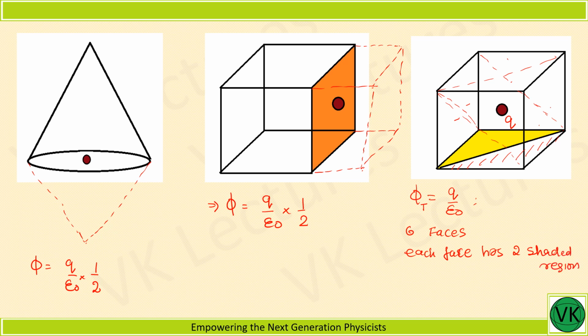So likewise there will be 12 shaded regions. So the actual phi, that means the flux through the shaded region, will be equal to q by epsilon times 1 by 12, 1 out of the 12 regions we have, that's equal to q by 12 epsilon.